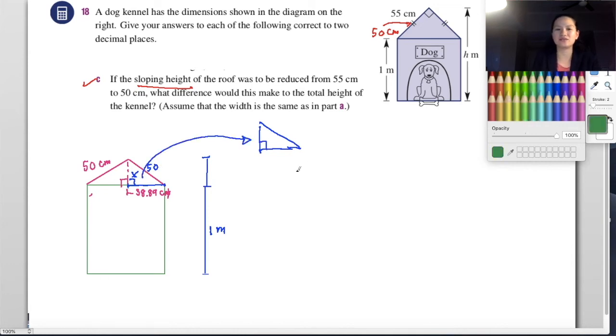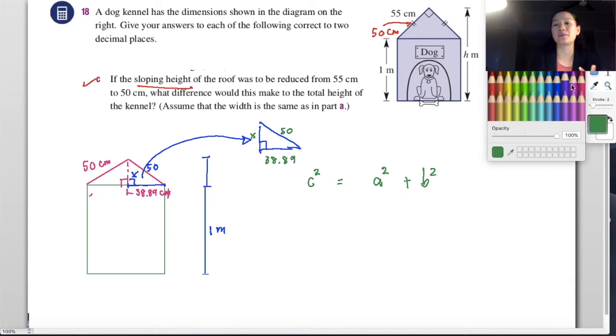Okay, and it has to be x. We want to find x, with 50 and 38.89. Well, do you remember our Pythagoras formula? C squared equals A squared plus B squared.